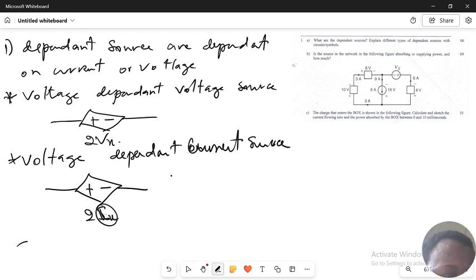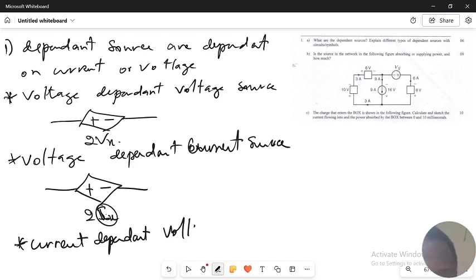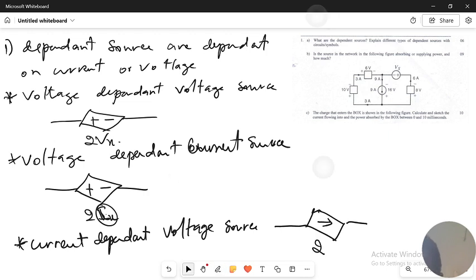I can also have a current source dependent on a voltage. Now my current is going to depend on a voltage source, for explanation say Vx.